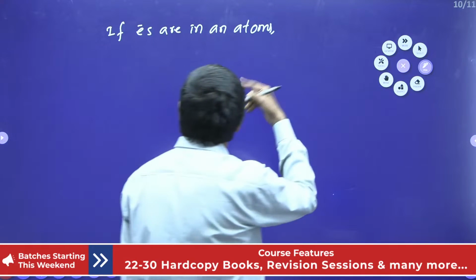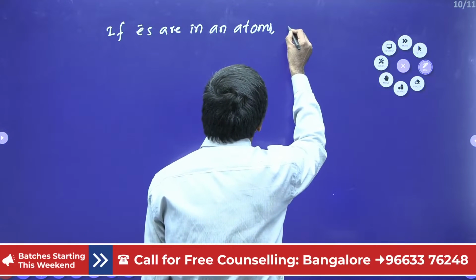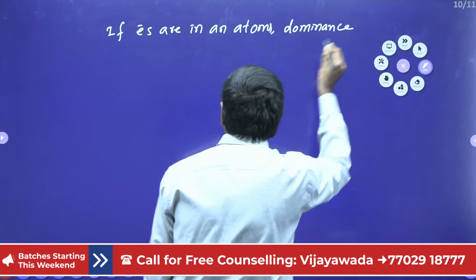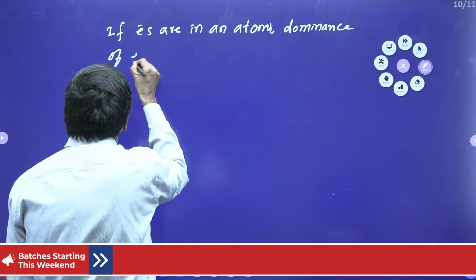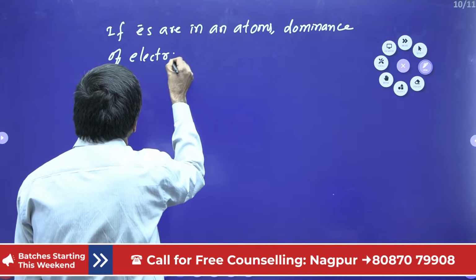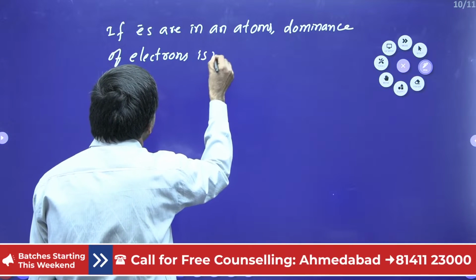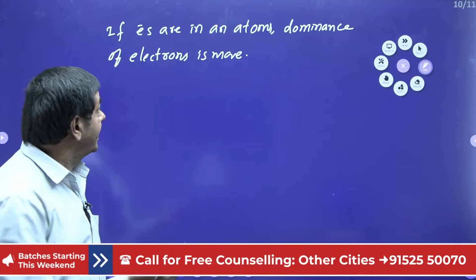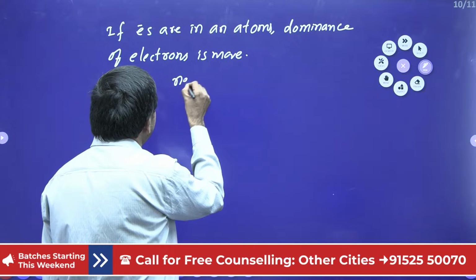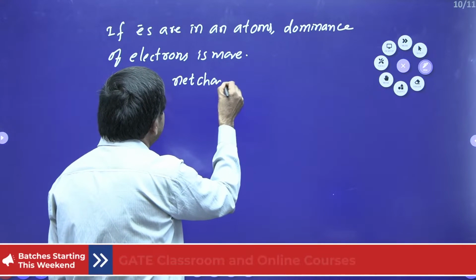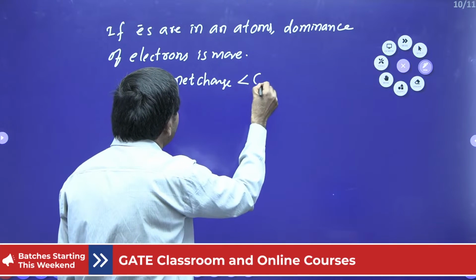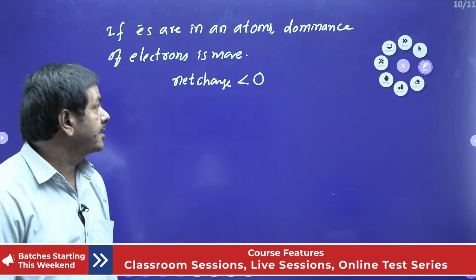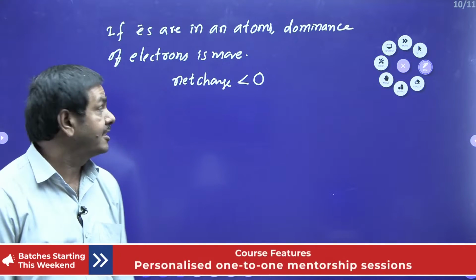That's why if electrons are added in an atom, the dominance of electrons is more. In this case, net charge is less than 0 only. The concentration of electrons in an atom is increasing, so at that time net charge is less than 0 only.